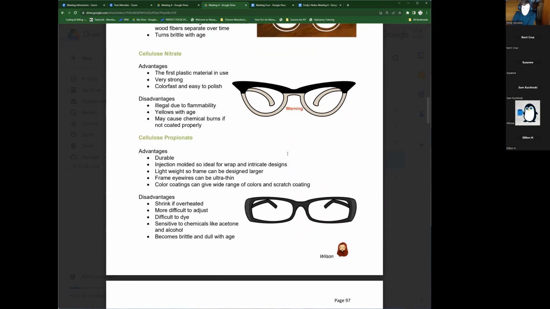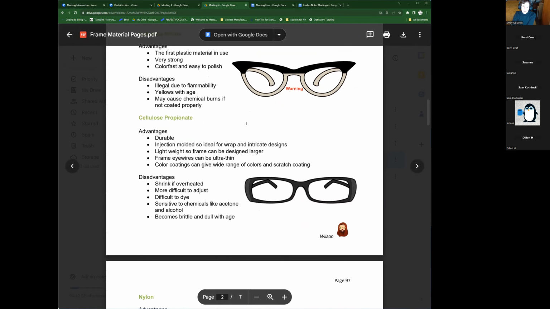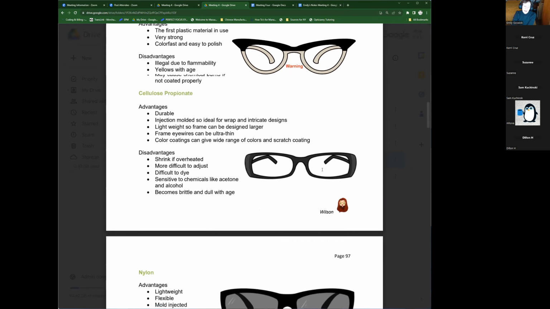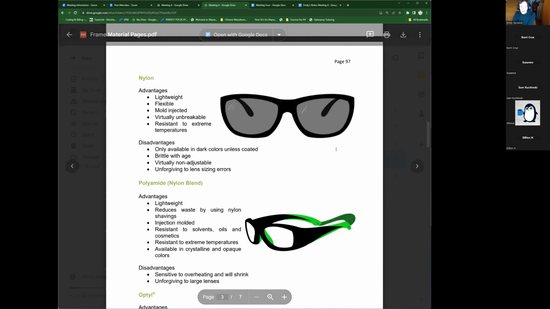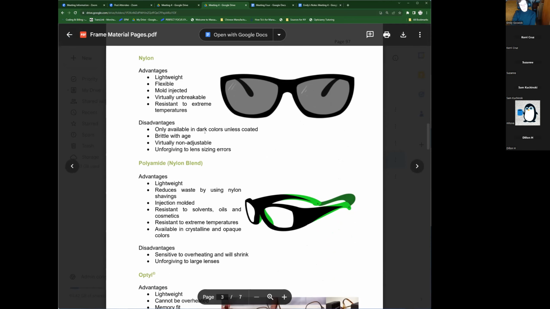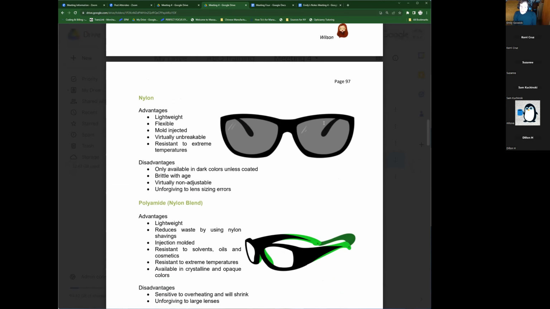Cellulose propionate, another kind of older one. Nylon, that's definitely something. Sometimes you'll see frames that are injected into a mold. This is an interesting thing to know about as well.